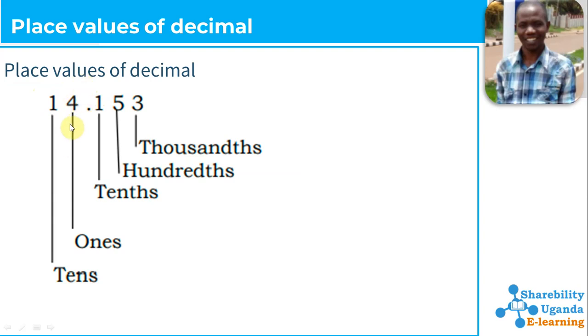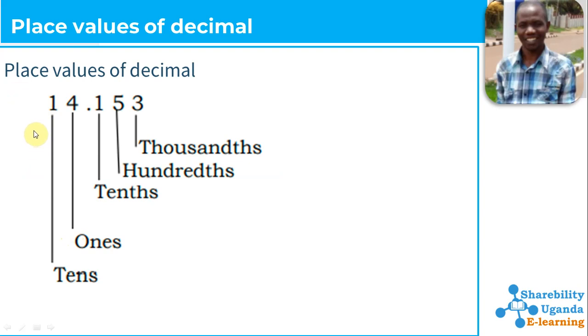Like we always say that our last value is in ones, then the second in tens, and the third in hundreds, thousands, hundred thousands.